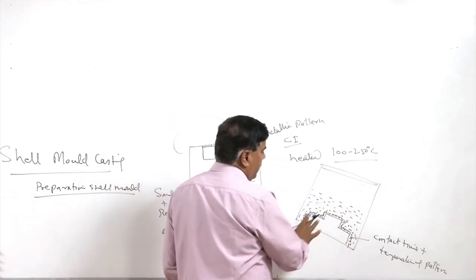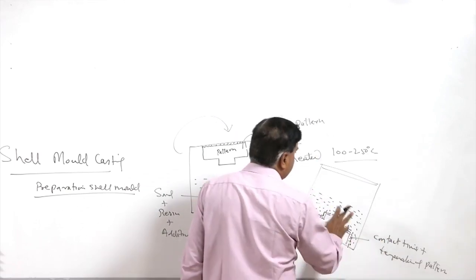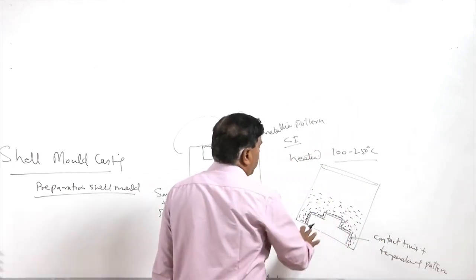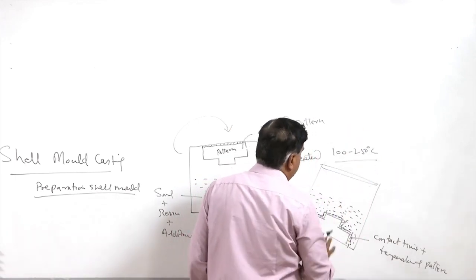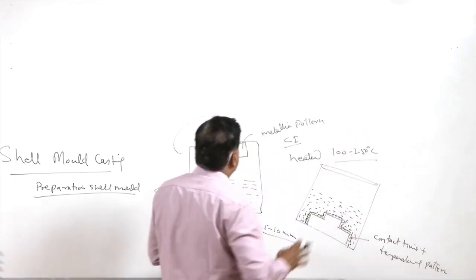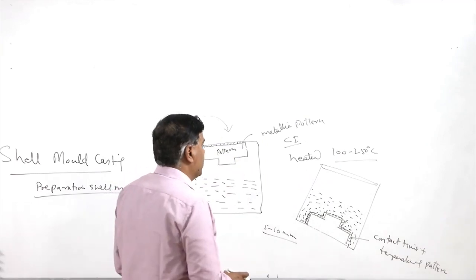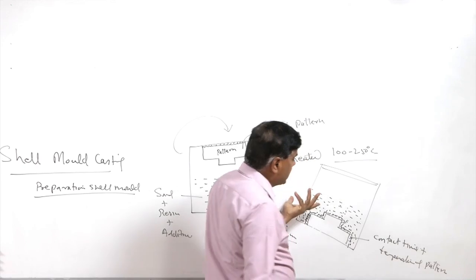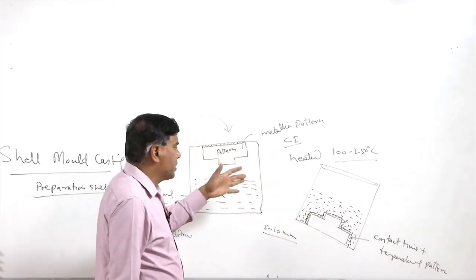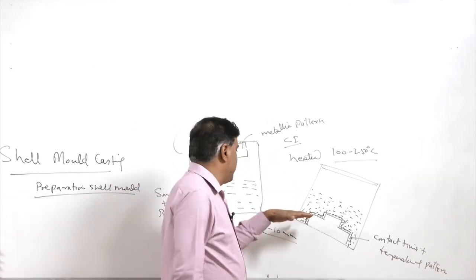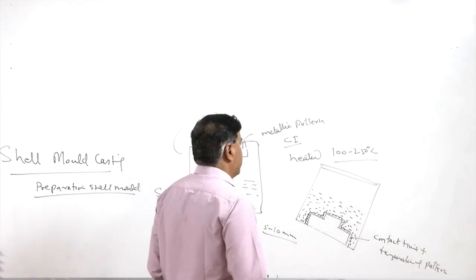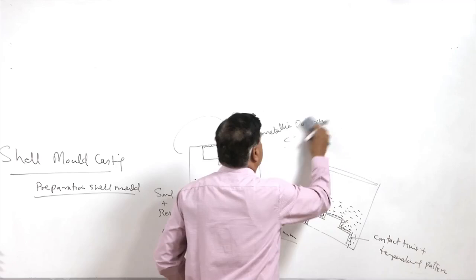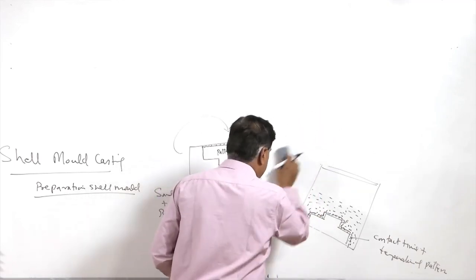Once it gets sufficient time, it is again brought back to the same position where the pattern is on the upside and the sand mixture is at the bottom. Whatever unused sand mixture is there will be at the bottom, and whatever portion sticks to the pattern will form the shell.